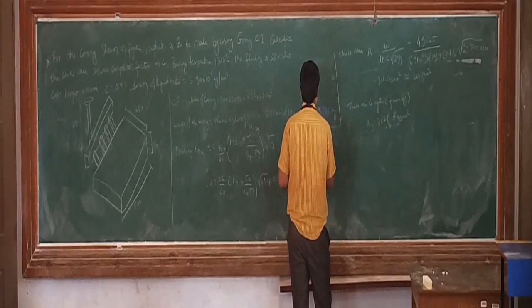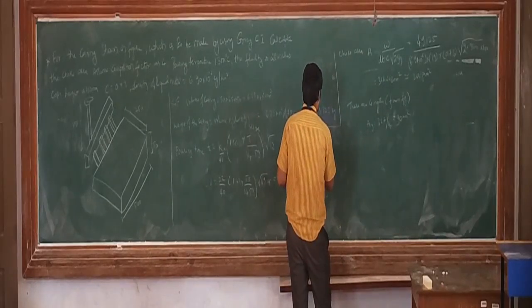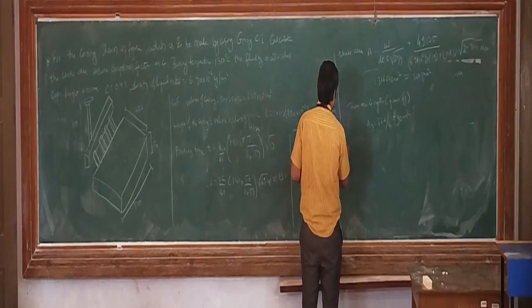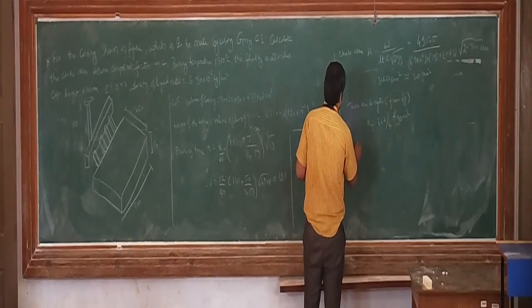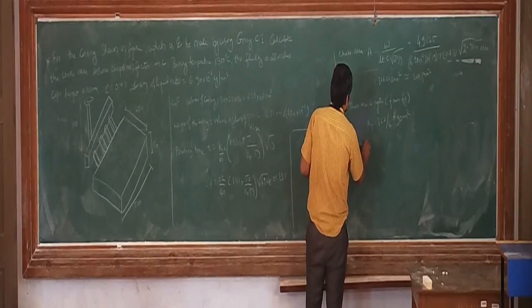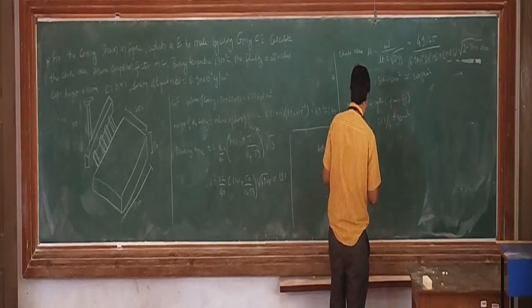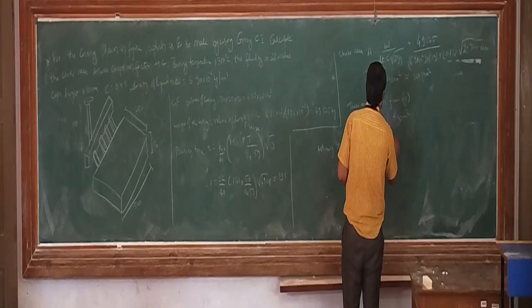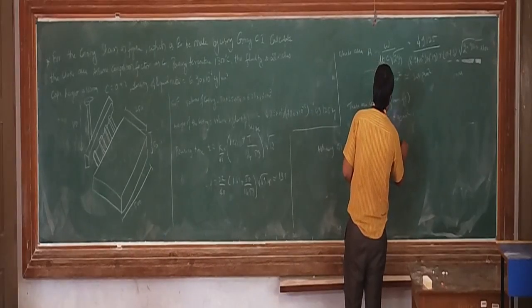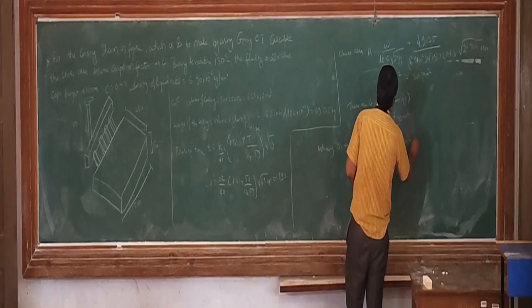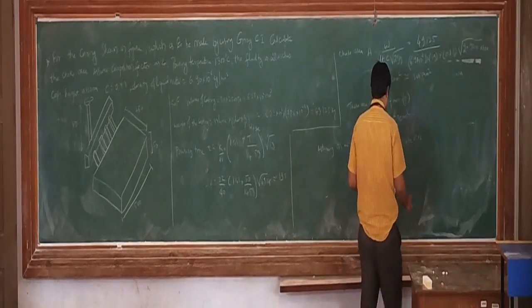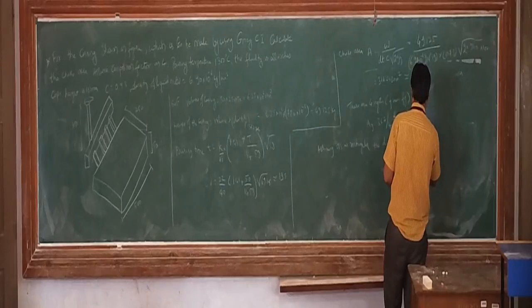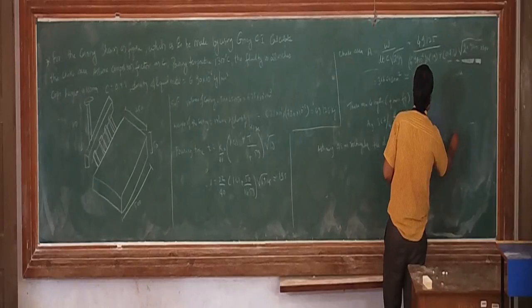Assuming the cross section as rectangular, the dimensions will be 15 by 6 mm, because width is equal to 2.5 times the height.